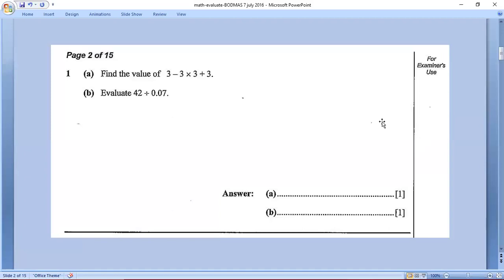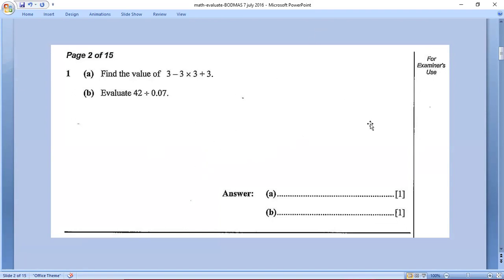So you should realize that paper 1 is mostly testing your ability to think quickly, and mostly they just want you to give the final answer. Of course, the spaces that are left are for you to write anything that you may need to work out, for you to do your calculations.